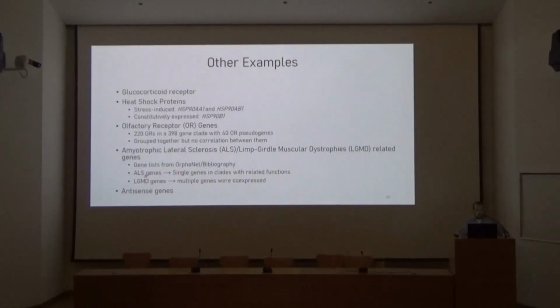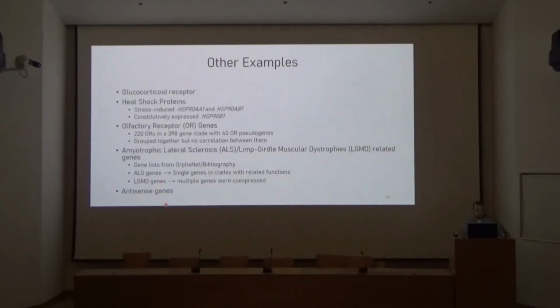We tested many ALS causal genes, and in all those cases we found that although single genes were co-expressed with other genes with related functions, there weren't any genes located on the same subclade with each other. On the other hand, for the LGMD causal genes, we not only found genes that were in clades with related functions, but we also found many of them inhabiting the same co-expressed clades.